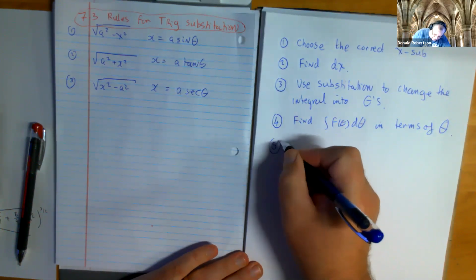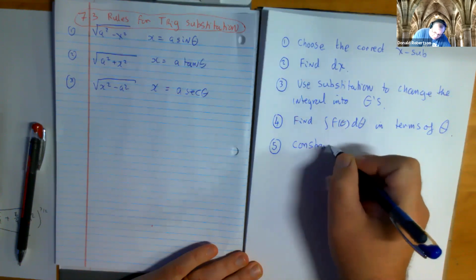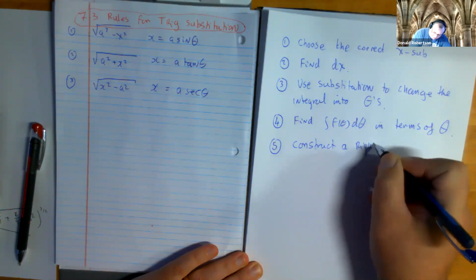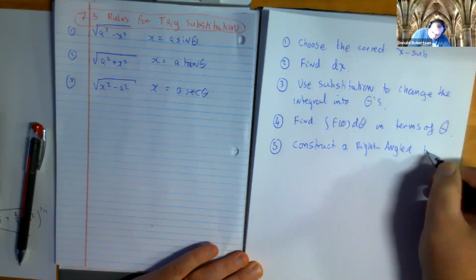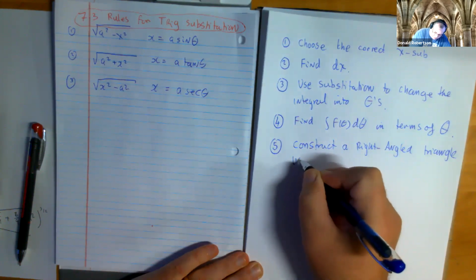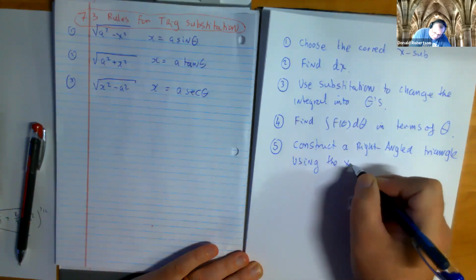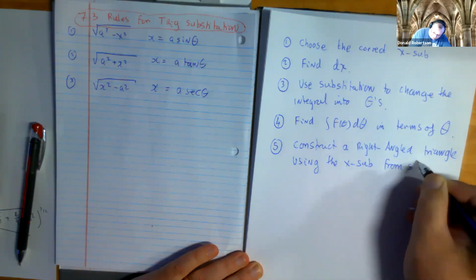Step 5, construct a right-angled triangle using the X sub from step 1.